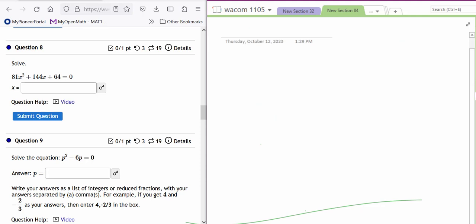So hopefully you're thinking about the kinds of factoring here. Okay. So this one I am hoping is one of those perfect square trinomials.